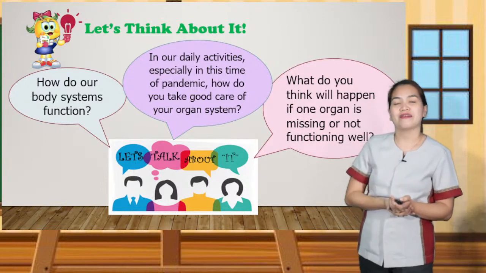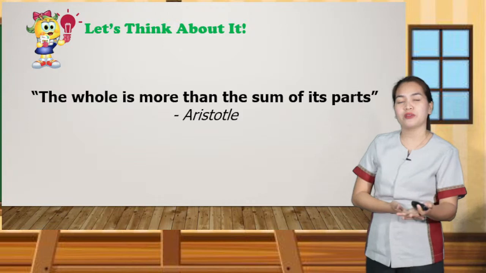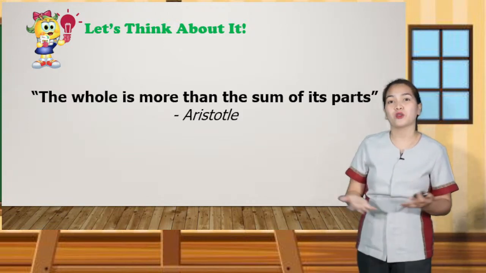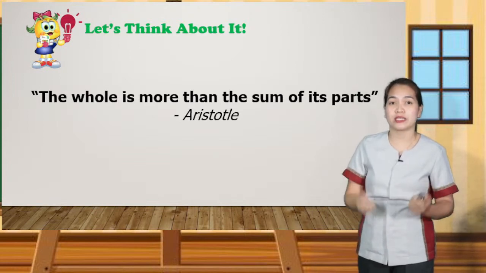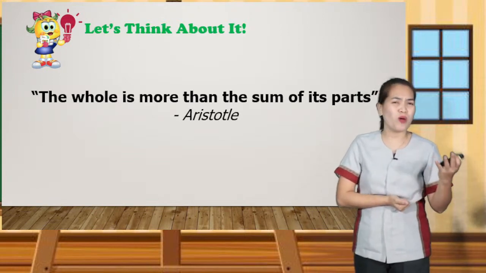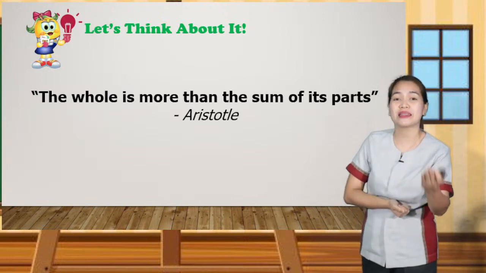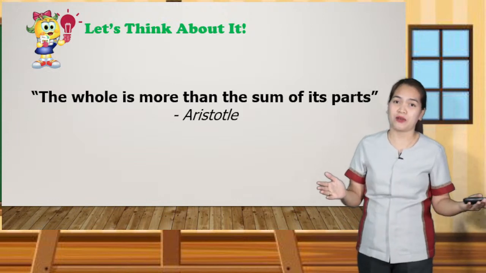Okay, all right. So with that, let me just give you this one for you to deepen or reflect on what Aristotle said. He said that the whole is more than the sum of its parts. So what do you think is the meaning of this? How will you relate this line from him to the topic that we are discussing right now?